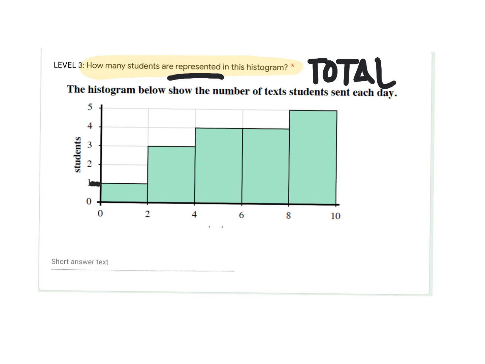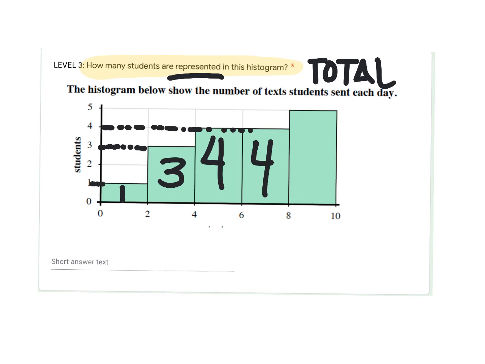So this first bar right here is 1 person. This second bar is 3 people. This next bar is 4 people. Same here, 4 people for this one. And then the last one is 5 people.